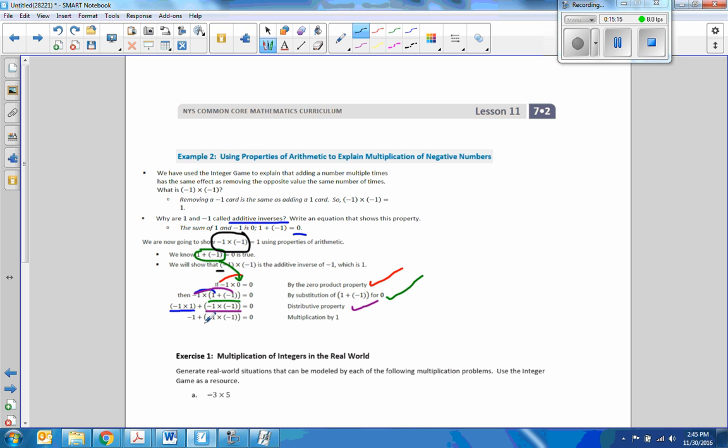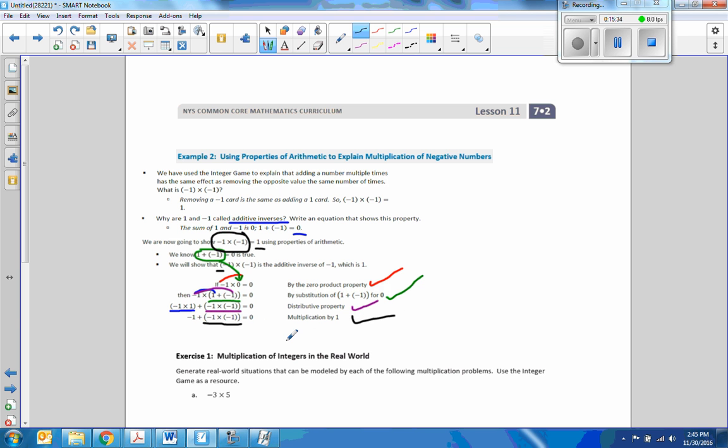Okay, so this is equal to 1 right here. It says it right here: -1 times -1 equals 1. So -1 times -1 is 1. So -1 plus 1 equals 0.